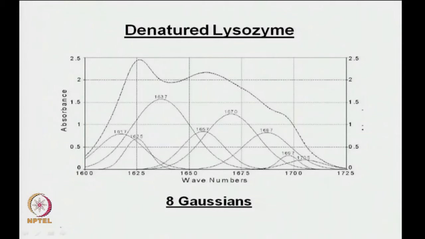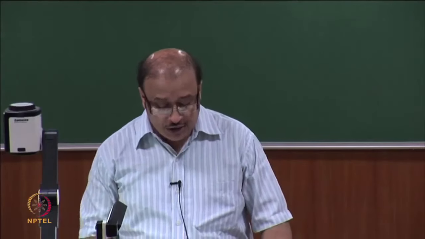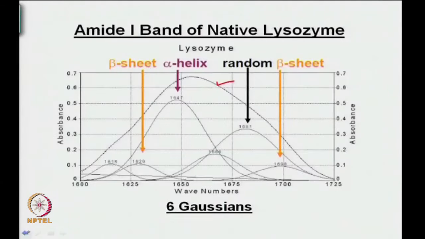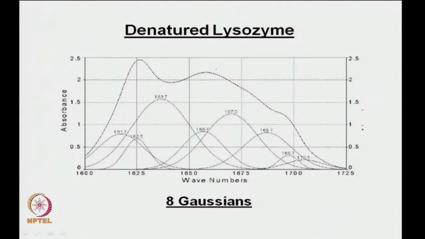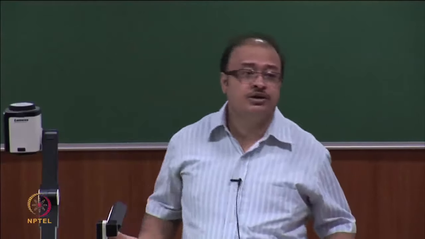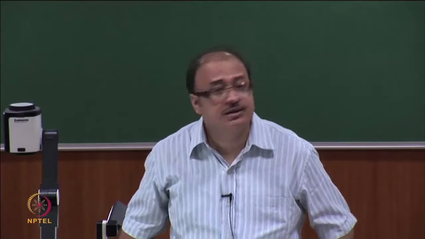Now, suppose you take the same lysozyme and you denature it. The moment you denature, you can see there has been a change in spectral shape. Initially it was like this, and the experimental band shape has changed. We have discussed this at some length before, that a denatured protein is much more flexible, much more disordered obviously than a native protein.